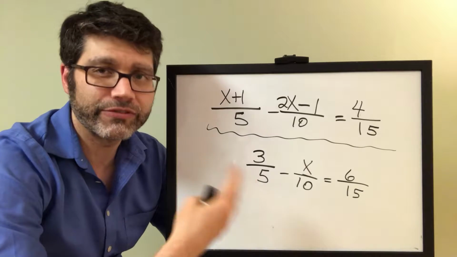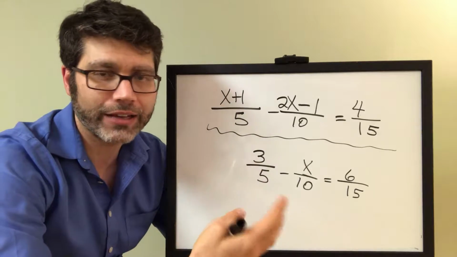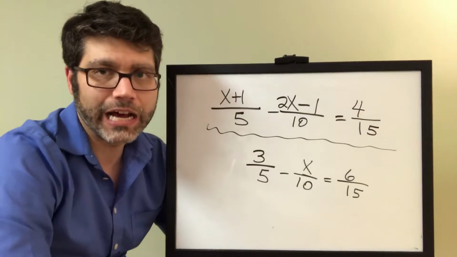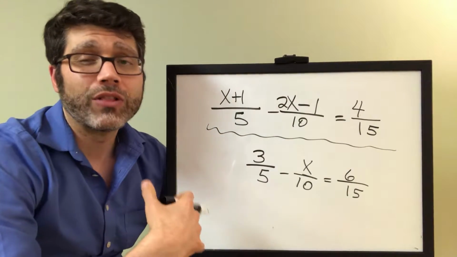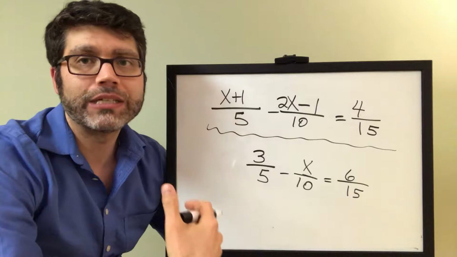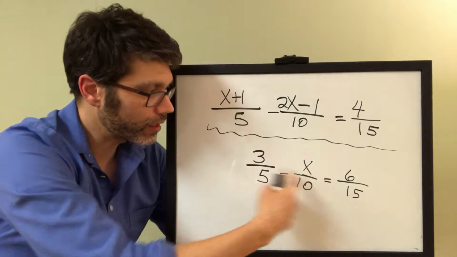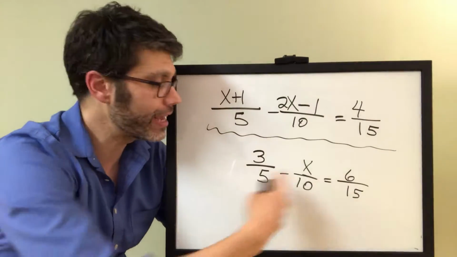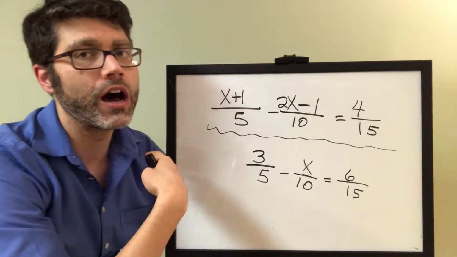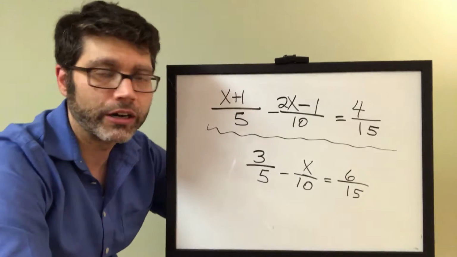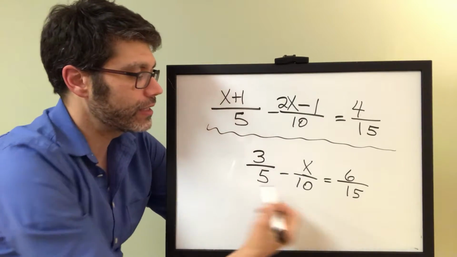So now we need to figure out how to solve for x in a scenario where we have different denominators. Long story short, we need to make common denominators so we can combine these fractions. You can't combine fractions if they have unlike denominators. So let's make sure that these denominators are ultimately the same.